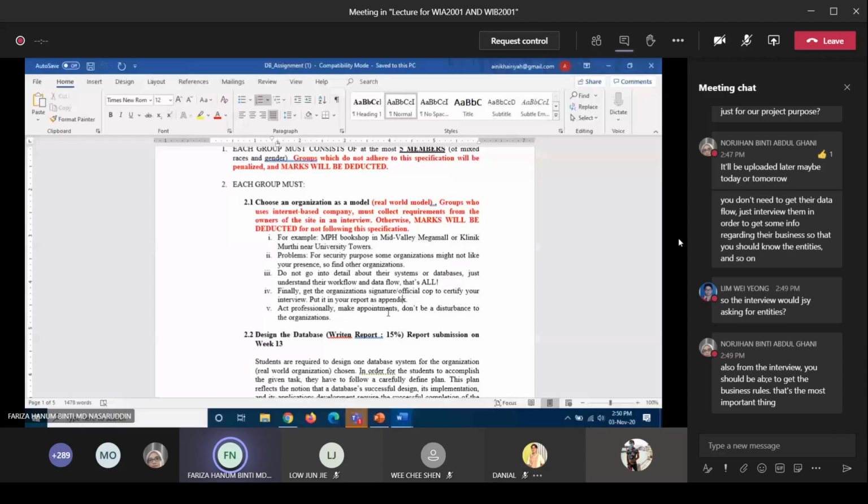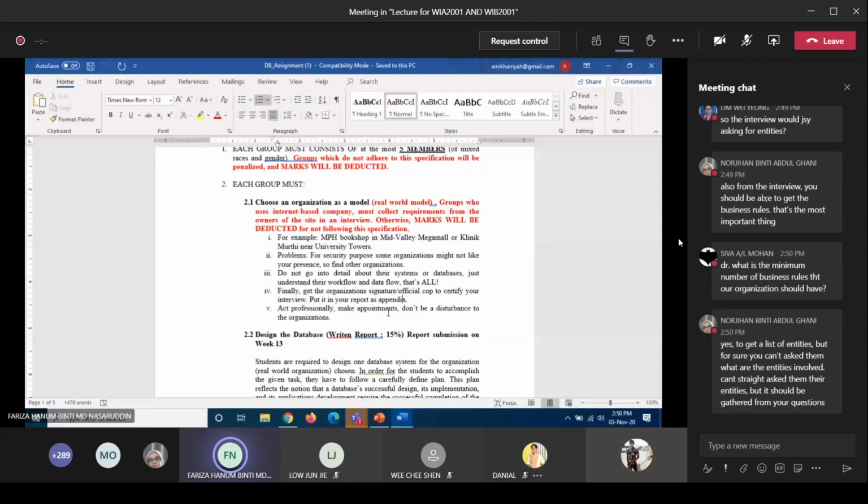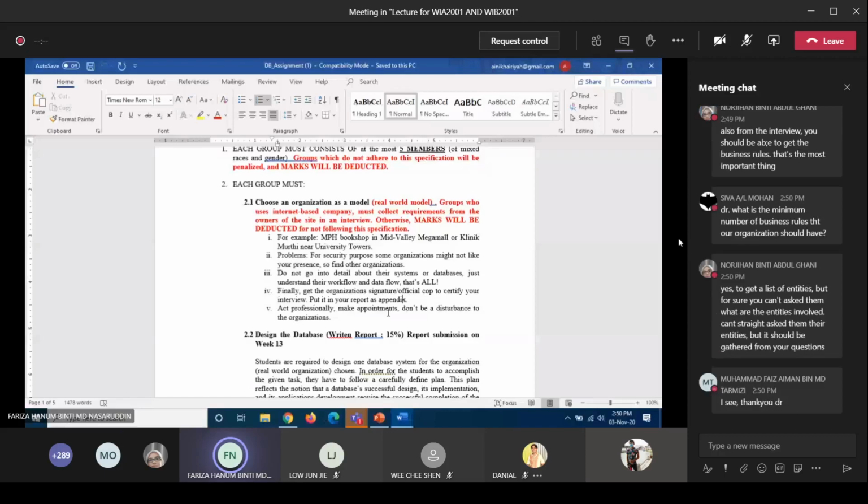But if you look at group 1C, it has all Malays. So 1F and 1C can try to reshuffle a little bit. And group 2B has almost all international students, from Iran, Yemen, Bangladesh, UK, and one from Malaysia. You can reshuffle that, so there is reshuffling that needs to be done.